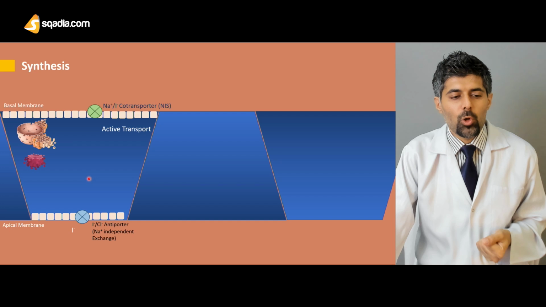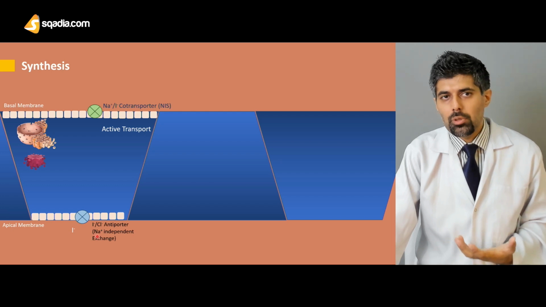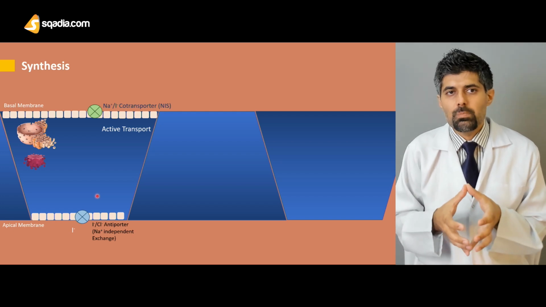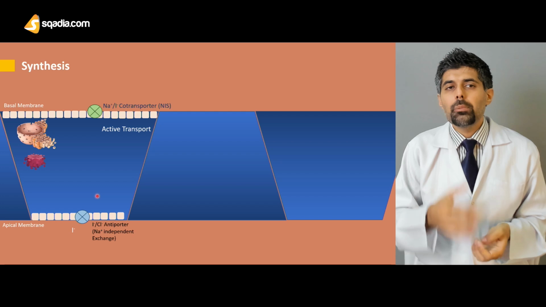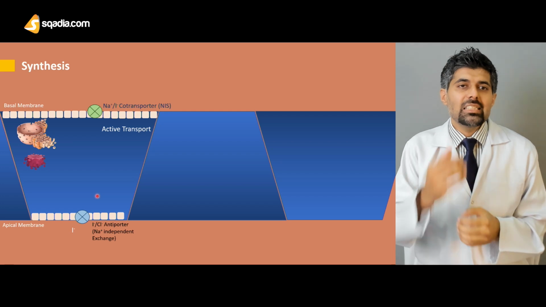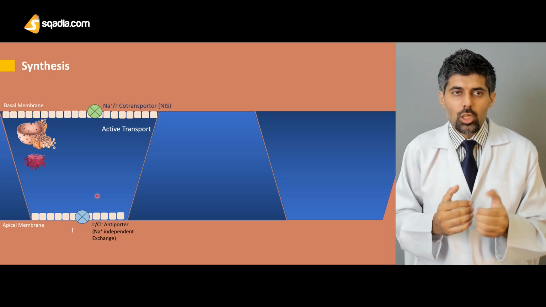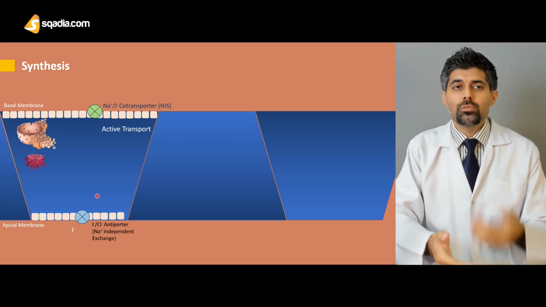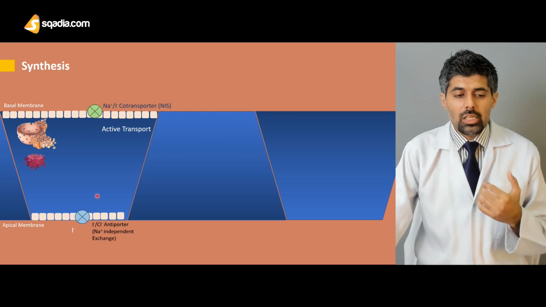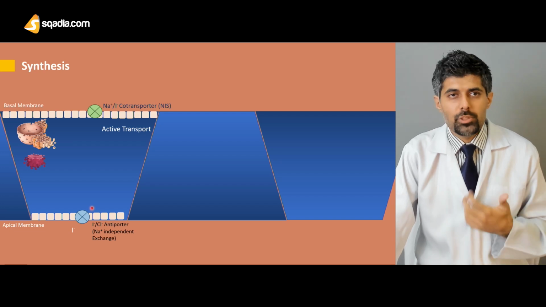Once it's inside the follicle, it comes in contact with the iodide chloride antiporter, or in other words, it is the sodium independent exchange. Now, what is meant by the sodium independent exchange? All over the body, whenever sodium is exchanged with the chloride, usually it happens in a crossword manner. Sodium moves inward, chloride moves outward, or the chloride moves inward and the sodium moves outward. This inward movement of chloride is independent of the sodium.